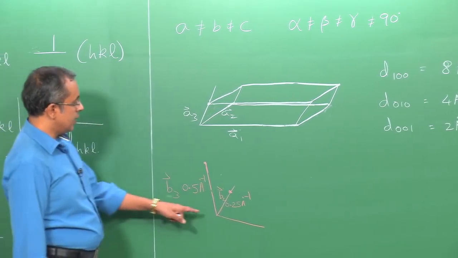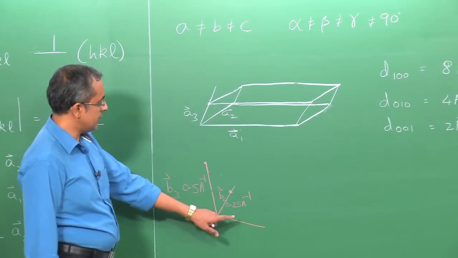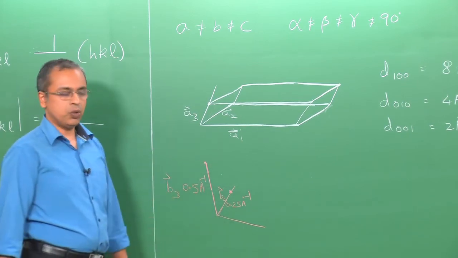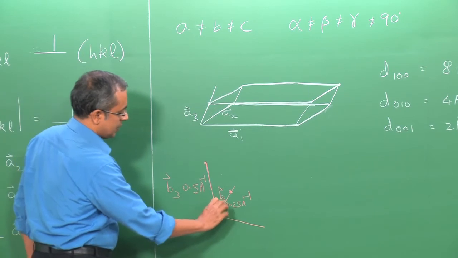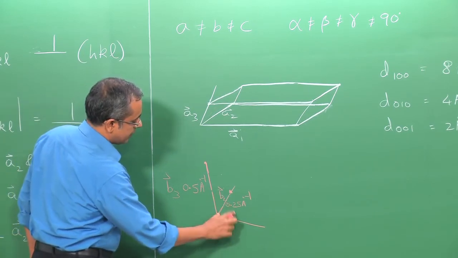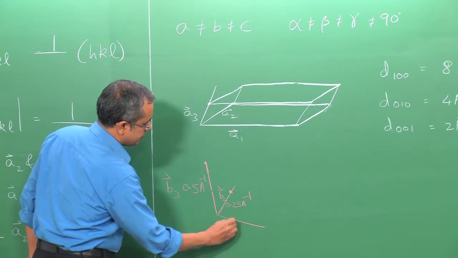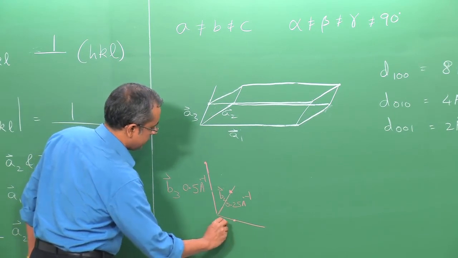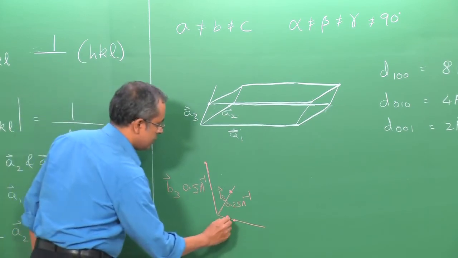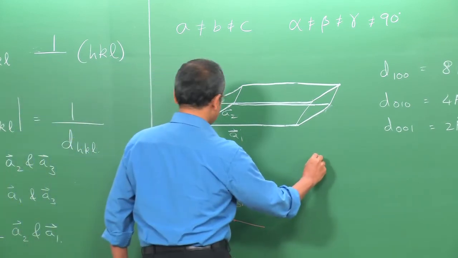And finally, we have to have this particular direction. In this direction, we have 8 angstroms. So, it is going to be 0.125 angstrom inverse, which is half of this, and so that is roughly this distance. So, about half of that you just translate it here. So, B1 is here, right. So, I will just put it down here.